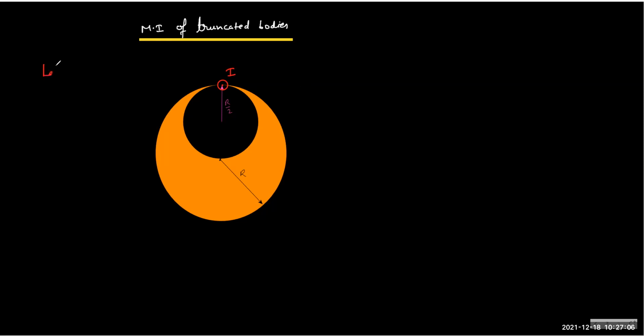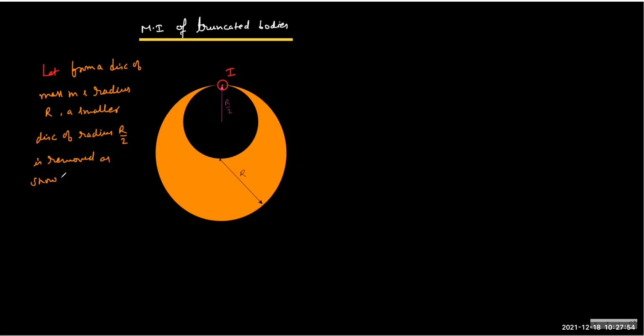So let me phrase the question. Let from a disk of mass m and radius r, a smaller disk of radius r by 2 is removed as shown in the figure.